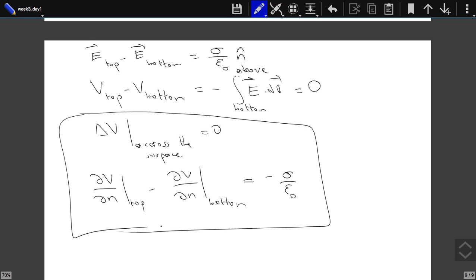But the separation goes to 0, and the electric field is finite. If the electric field would go to infinity, I couldn't have set that to 0, because in that case I would have infinity times 0, which is indeterminate. It can have any value. But I know that the electric field is finite, and the separation is 0. So that integral, the electric field multiplied by the separation, is 0.